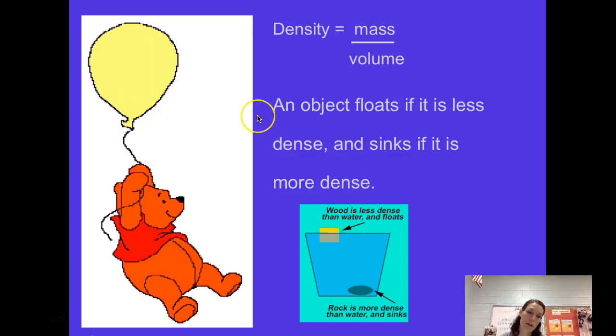So we could be talking about air, we could be talking about water. This example is water, right? So we have wood is less dense than water, so it floats. This rock is more dense than water, so it sinks. And so every object, all gas, things like that, all have a density number. And so that's going to help us know if something's going to sink or float.